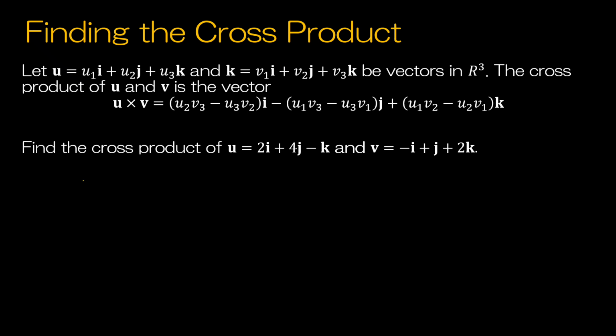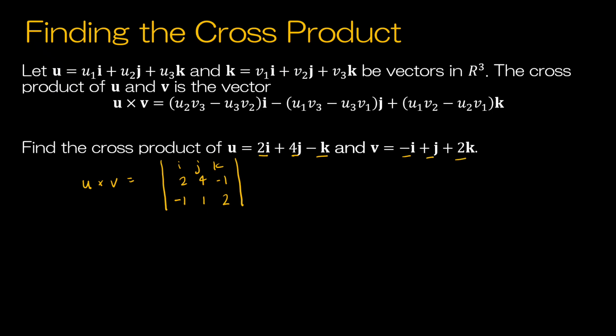So remember, if we want to find u cross v, I'm going to think of this as i, j, k, and then I would have 2, 4, negative 1 from u, and then negative 1, 1, 2 from v.